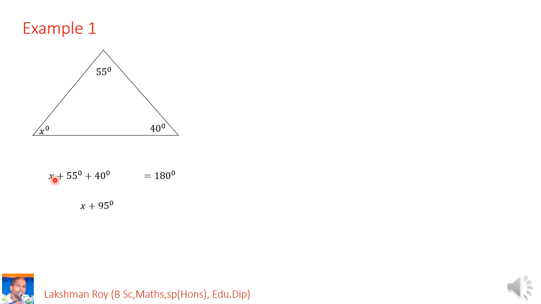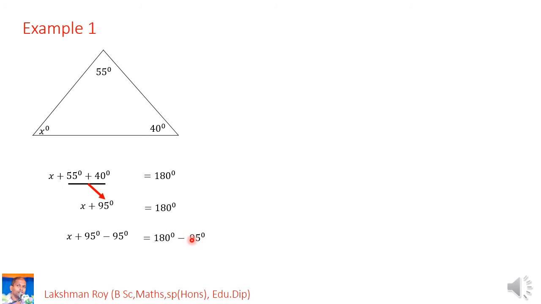Let's see how to write x. Then you can add these two, 55 degree and 40 degree, right? So that one you get 95 degree, then it's equal to 180. Now to find the x, you should remove this 95 degree, right? So that is added. Now how to remove? You have to subtract 95 degree from the left side and also from the right side.